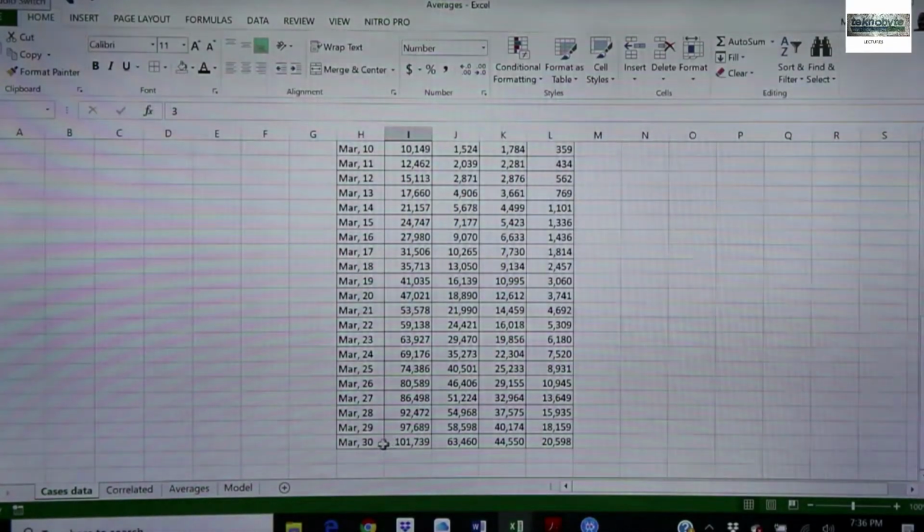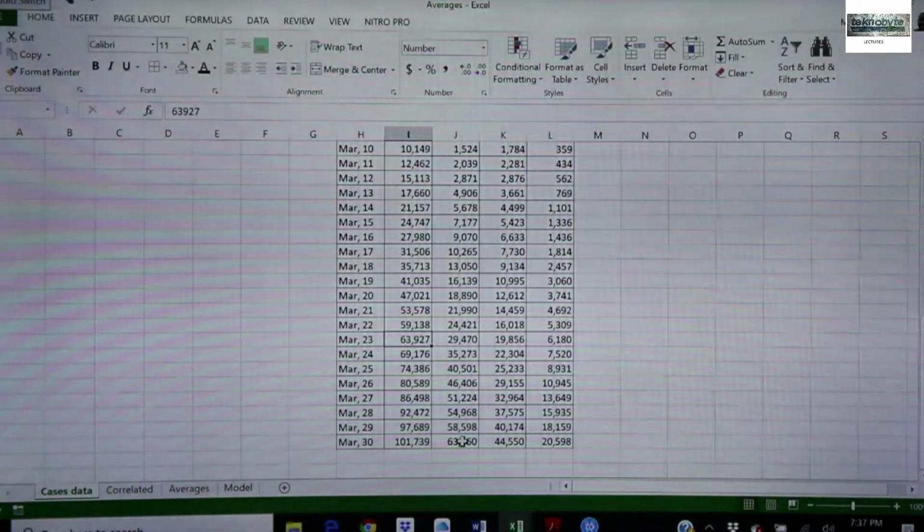If you look at what is happening on the 30th of March, Italy had recorded 101,000 cases, or slightly over that, and Spain had reported 63,000 cases. If you look at the time when Italy reported around the same number of cases as Spain, that is 63,000, that was around 23rd March.